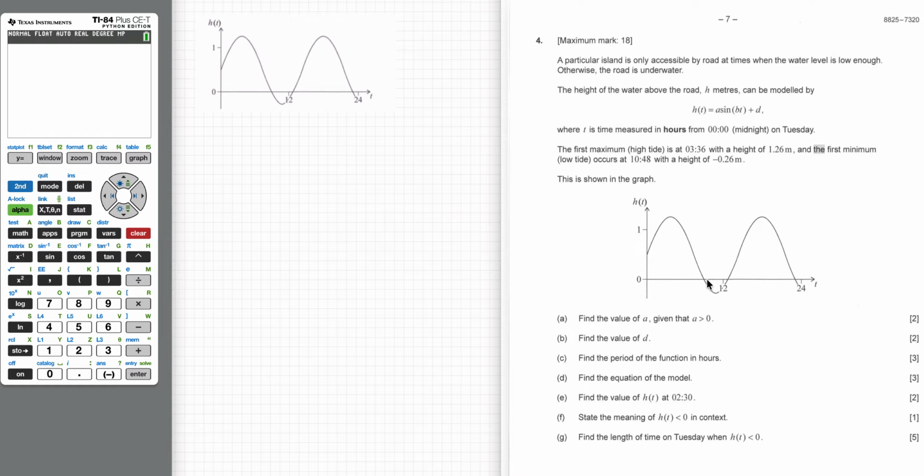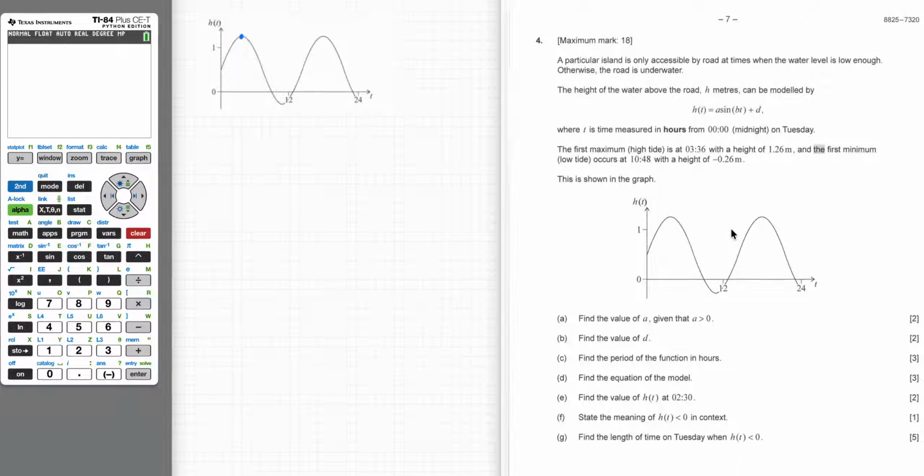And it's only this small section here where the water is low enough that you can actually get access to the road. So what we're going to do first of all is just label on the information that we've been told there. So the highest point, it tells us that it happens at 3:36 in the morning.